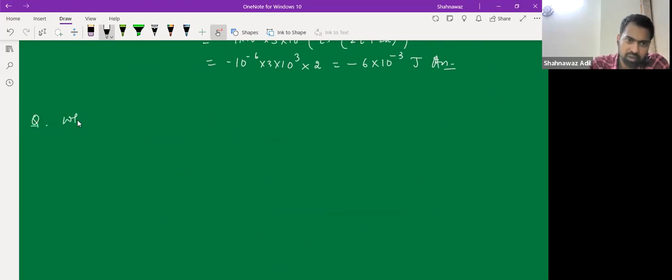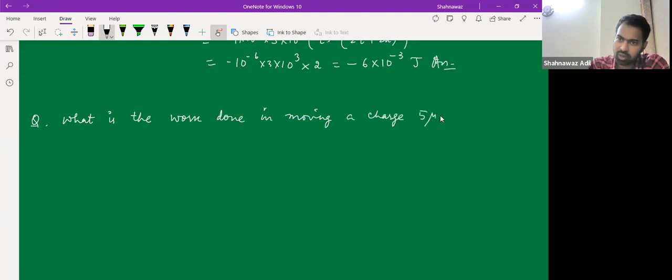So what is the work done in moving a charge, let's say 5 microcoulomb, in presence of electric field, which is 10 to the power 5 into 3i plus 2j, right?